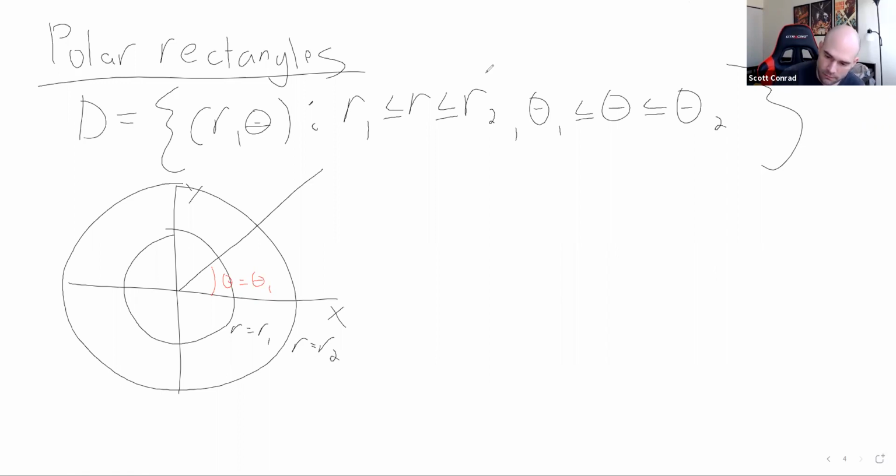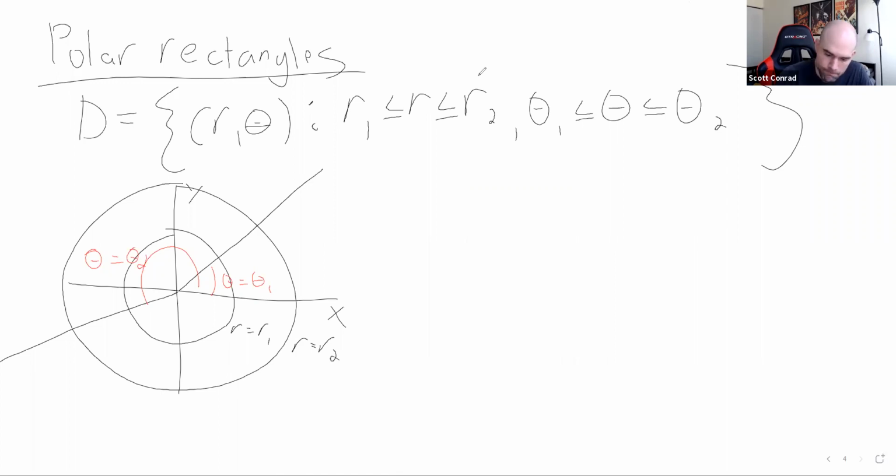And so same thing for theta 2. Let's say this is theta 2. So the set of all points that make angle theta 2 with the positive x-axis, it's going to be another half line through the origin.